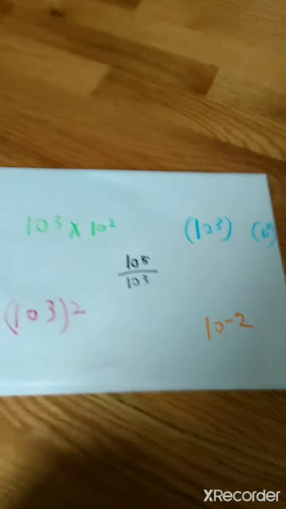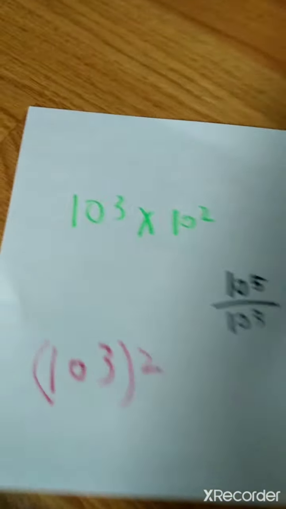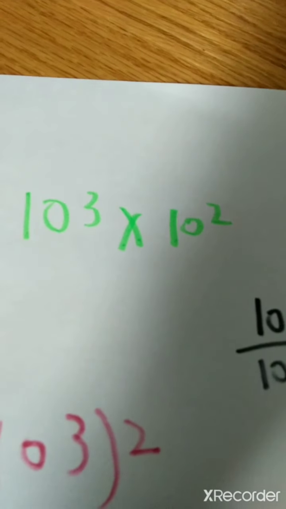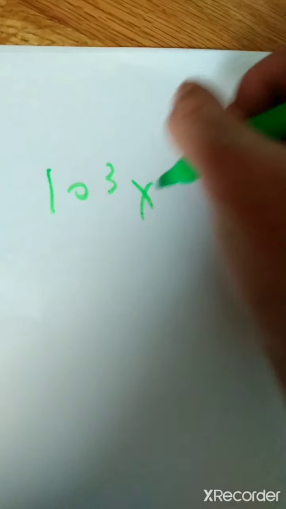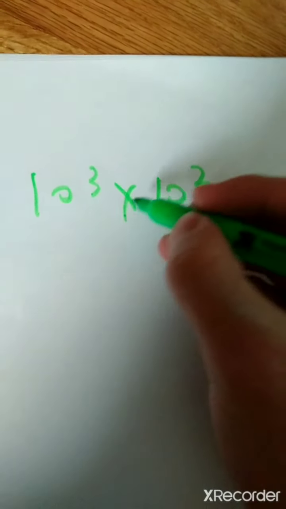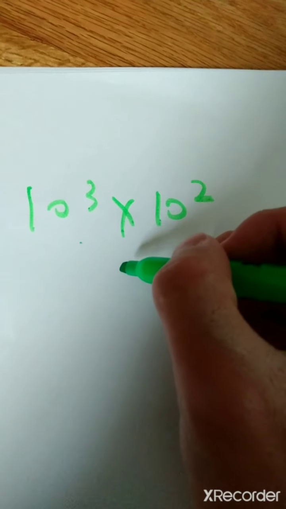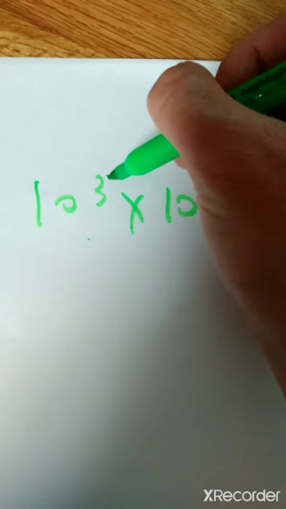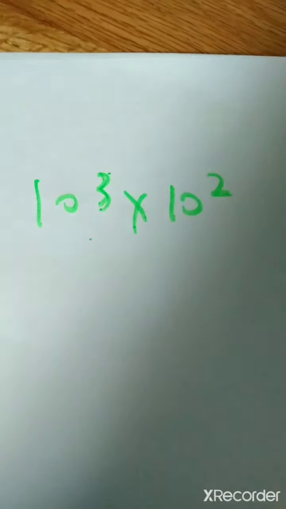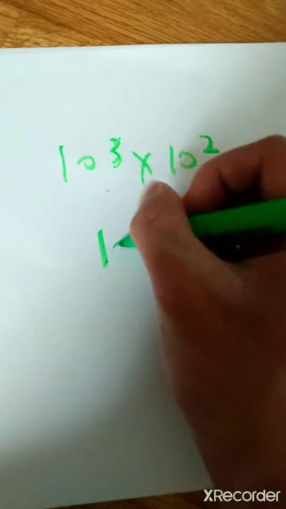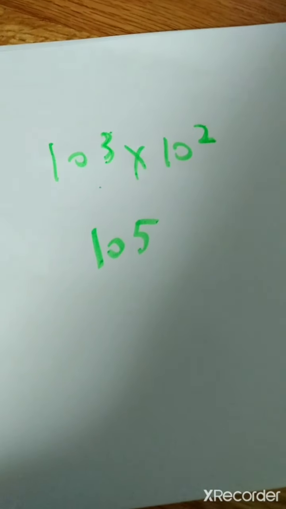So let's try and solve 10 to the power of 3 multiplied by 10 to the power of 2. Some people might say you're actually multiplying the 2, but there's a quick little shortcut. What we can do is take the 3 and the 2 and add them together to get 10 to the power of 5.